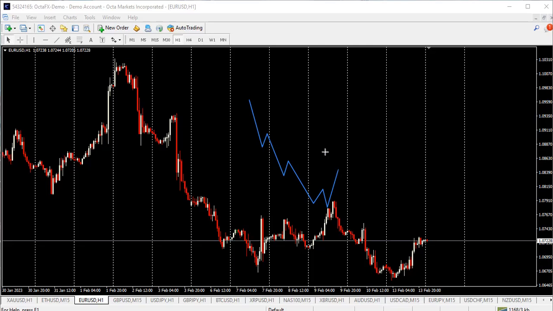Now, what are we looking for? A three-level drop. I'm not talking about now, but this one. The market did a retest, then came back down.